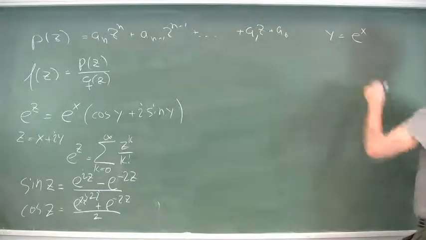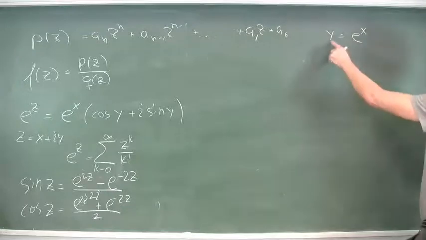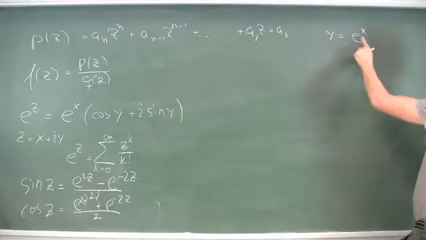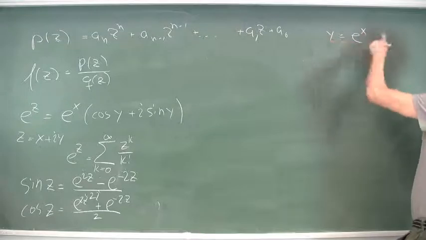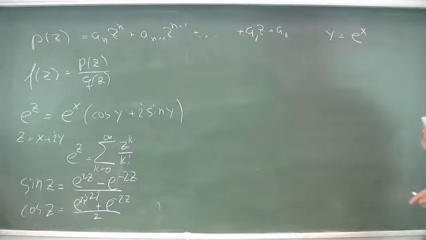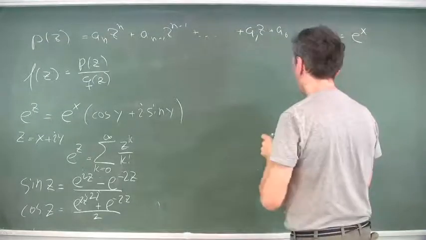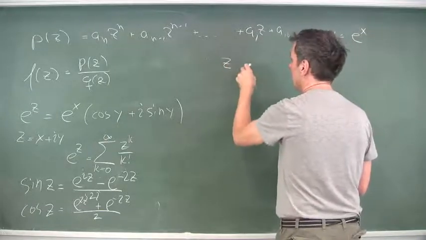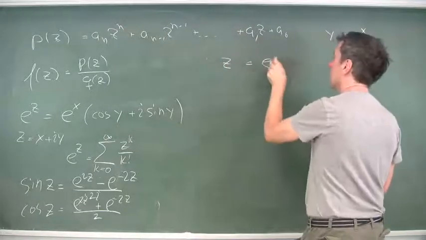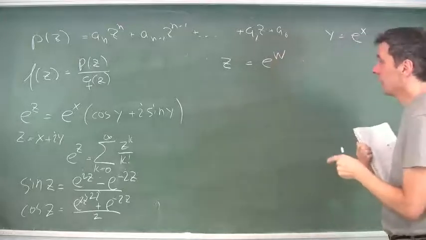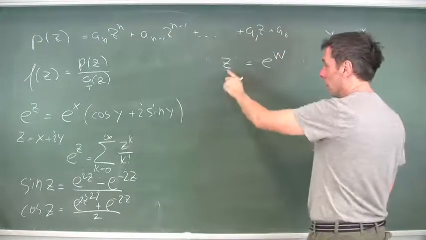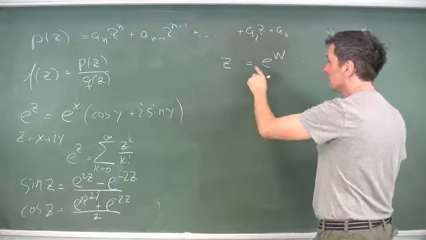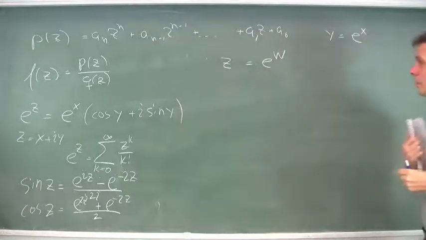So given a positive number y, we define the, say, natural logarithm then as the unique solution of this equation. And then we can try to do the same thing in the complex setting now. So we want to define the complex logarithm of z to be the solution of this equation.